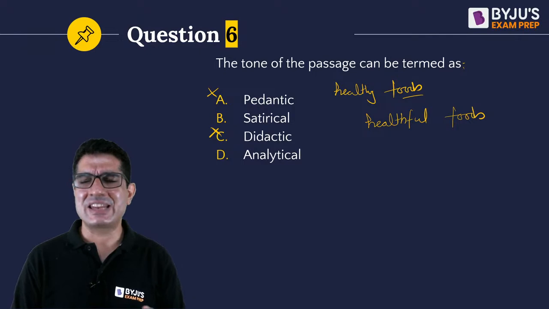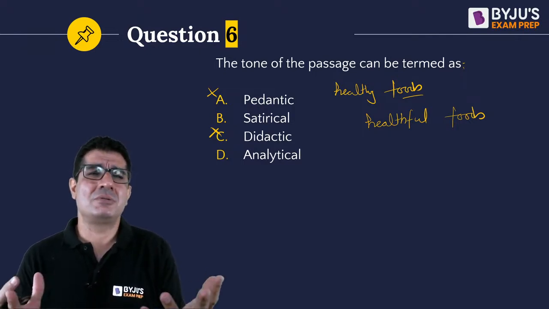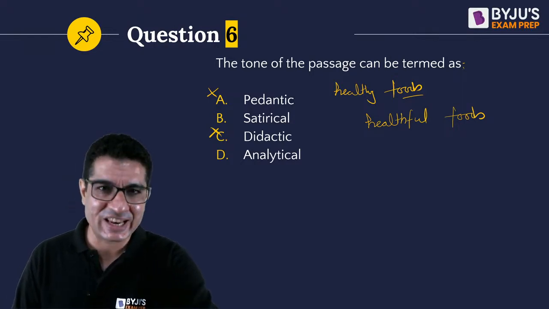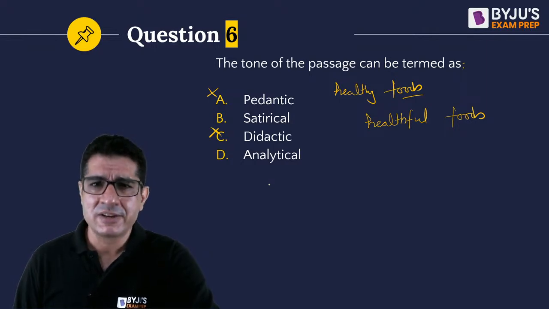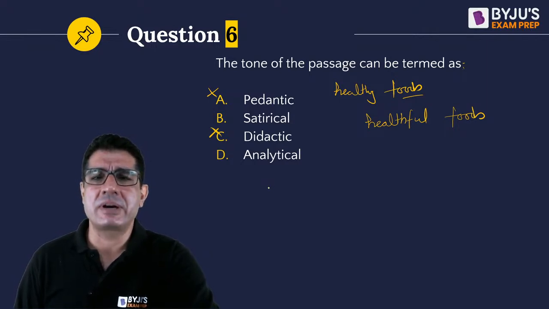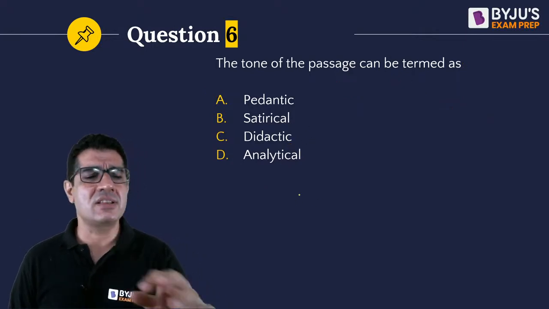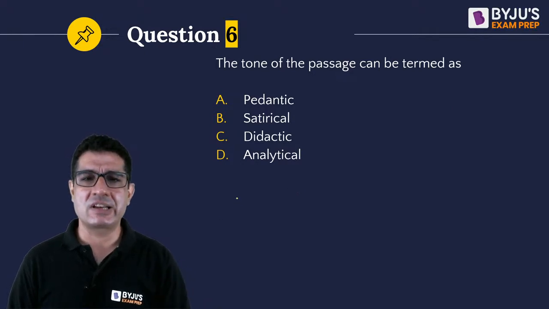See, most of us anyway understand what is meant by healthy foods, right? So I don't do that because I'm not pedantic. Of course, at times I'm forced to do that in the English classes because I have to prepare you for grammar, but in my day-to-day life, I don't do that. So that's the kind of attitude which is pedantic, and didactic is sermonizing. They don't give lectures like something boring and dull. It's like preaching to people on a particular thing.